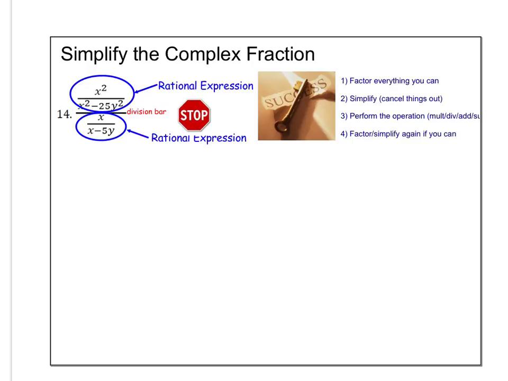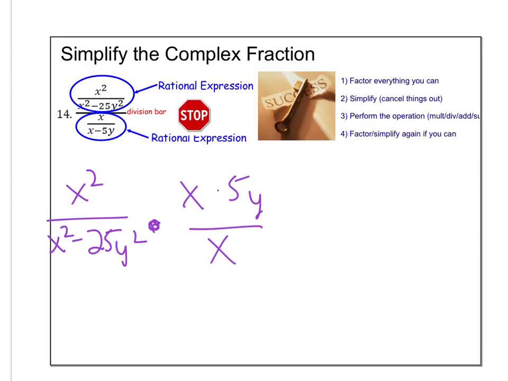So if I look, it's like a huge division problem. So all I end up doing is taking x squared, then x squared minus 25y squared. And I end up multiplying by the reciprocal of the bottom. So it becomes x minus 5y over x. Multiply that. X minus 5y. So I can factor this guy down here. This is actually x minus 5y, x plus 5y.